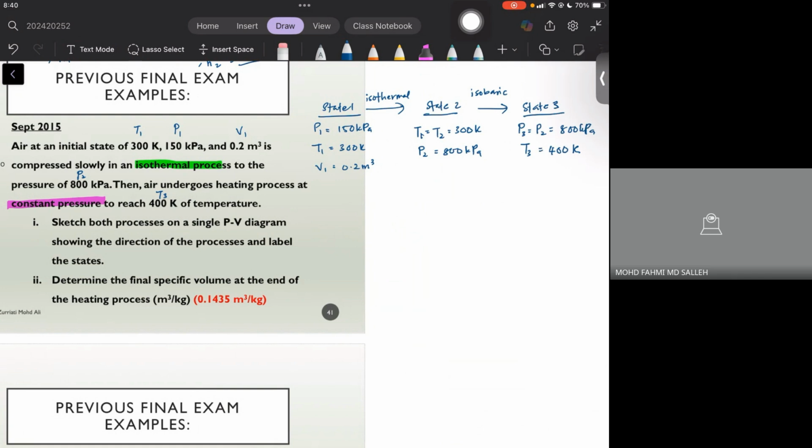All right. So let's solve item number 2, which is to determine the final specific volume at the end of the heating process. We have V1 over here, so we can use the relation P1 V1 equal to P2 V2 in order for us to find the volume at state 2.